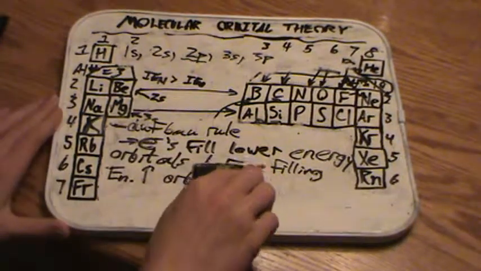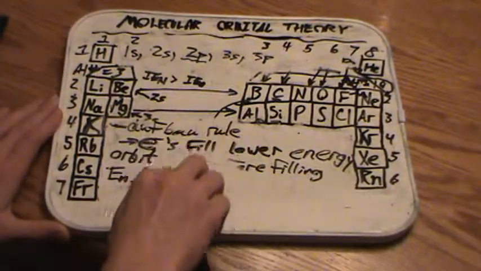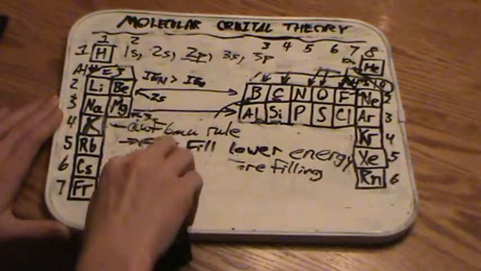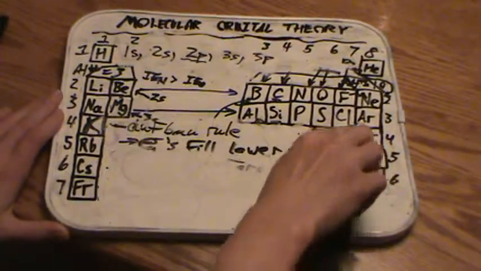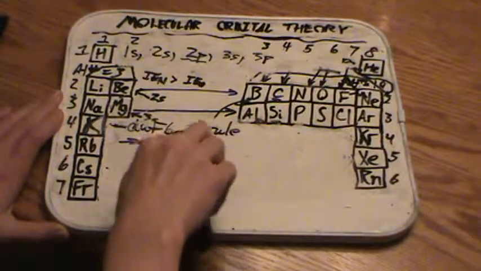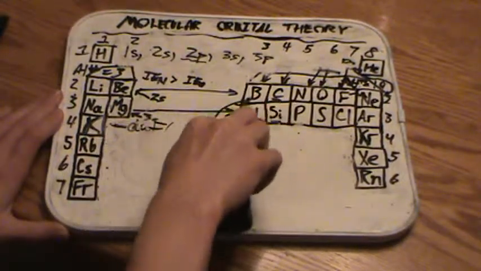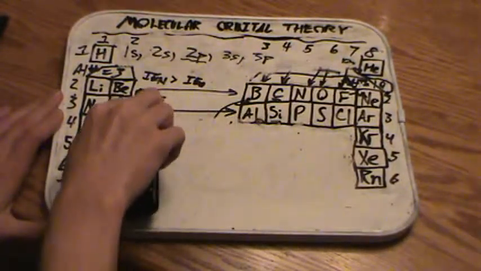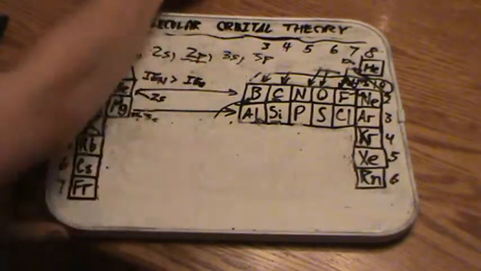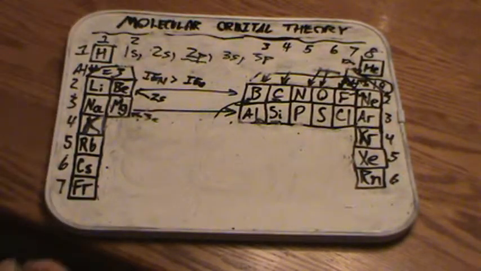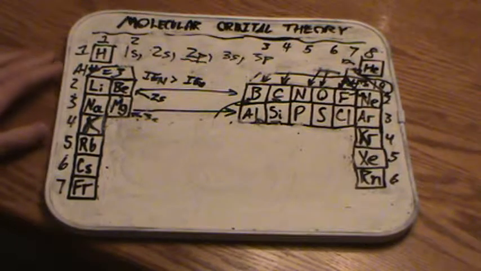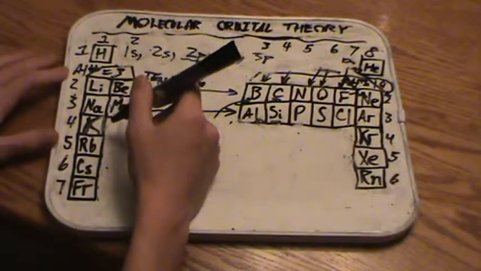And so now what we will do is, it's very easy to discuss the idea of energy in orbitals if we draw these box diagrams that essentially will display each orbital and then the electrons in the orbital.